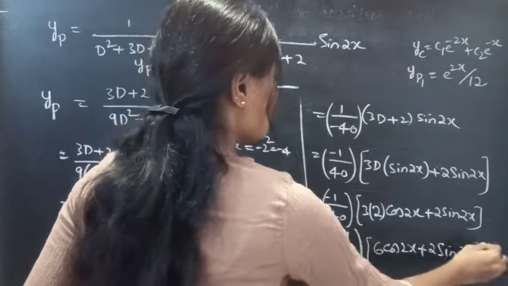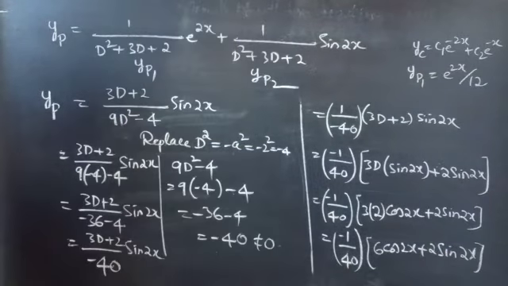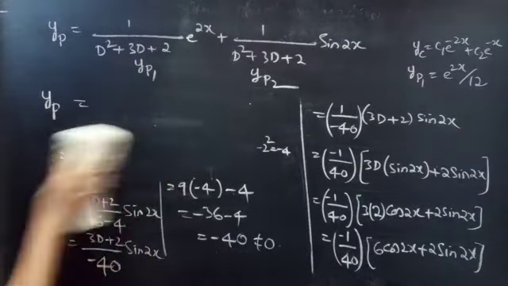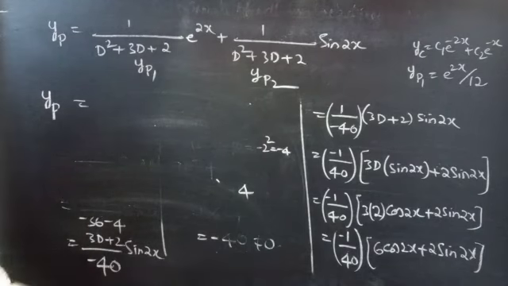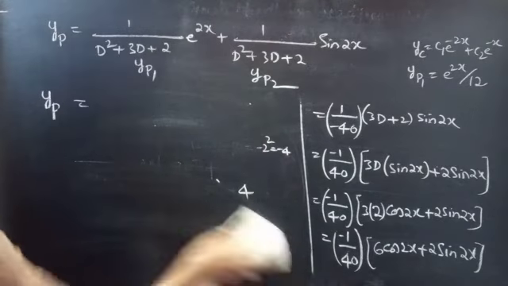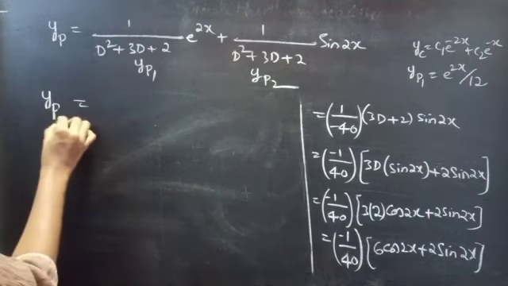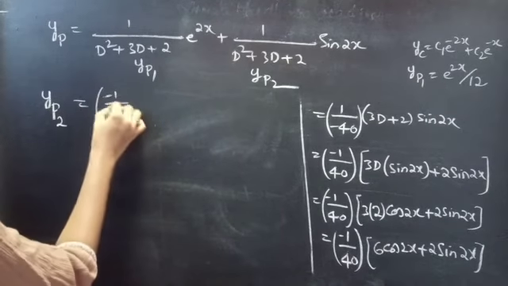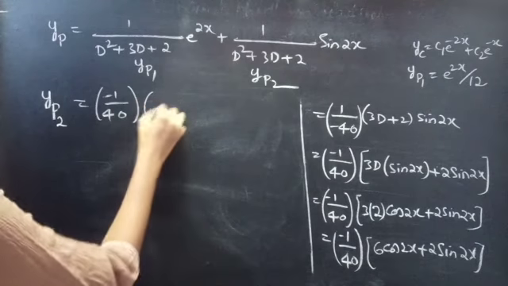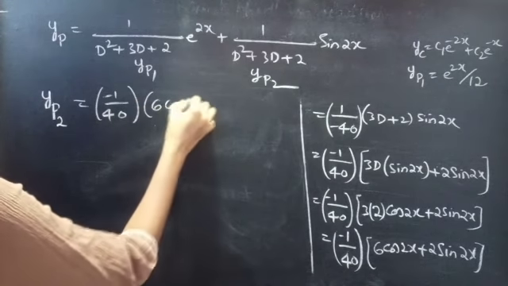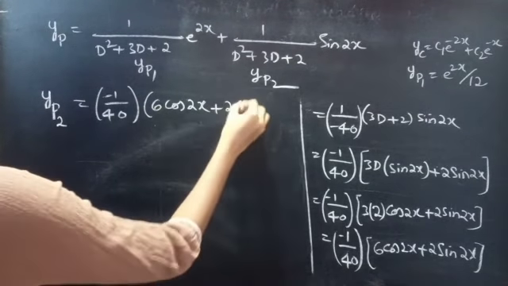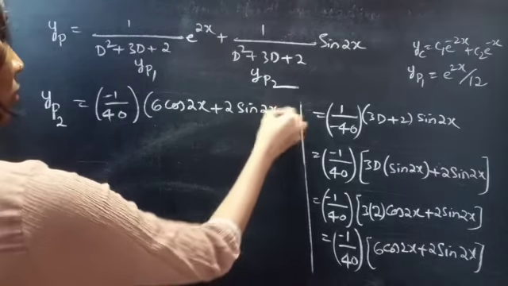You can take 2 common from these two terms if you want. Now we are having yp2 equals to minus 1 by 40 into 6 cos 2x plus 2 sin 2x, right?